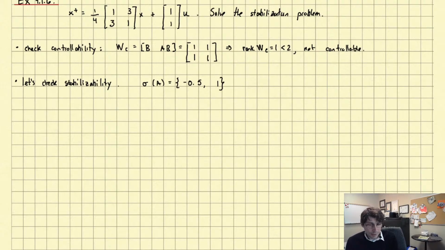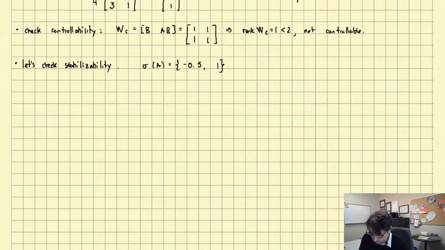Now, for stabilizability, I want to be able to shift this bad eigenvalue. It has magnitude 1, so it's unstable. I don't care about the other one, whether or not it can be moved. It's already stable. What I want to do is make sure that I can get rid of this unstable eigenvalue. So I'm going to apply the PBH test to the unstable eigenvalue.